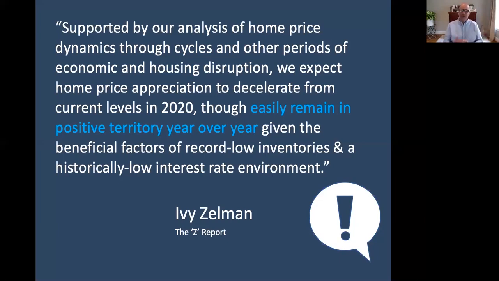So deceleration, but remaining positive, not depreciation. And given the beneficial factors of record low inventories and a historically low interest rate environment, we see a positive market. So we see deceleration of appreciation, but not depreciation.